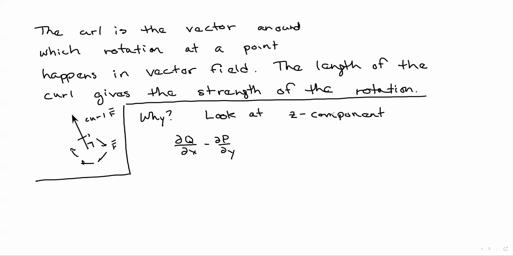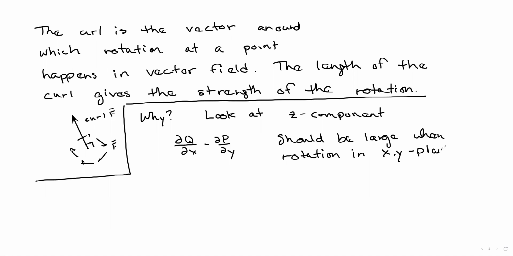So we should expect that when the z component is large, that's when we should see rotation in the xy plane. And vice versa: when there's rotation in the xy plane, this should end up being a large quantity.